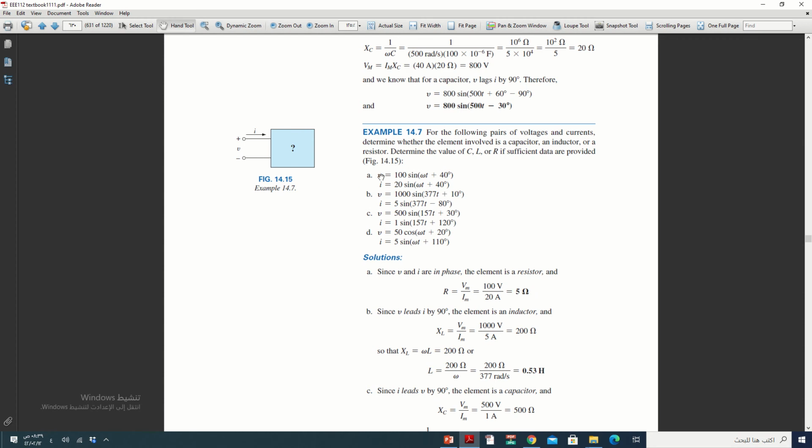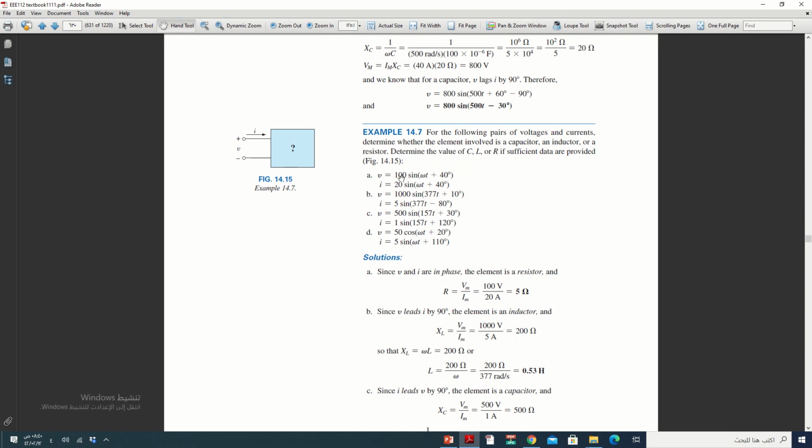This means voltage and current are given, and the question needs you to decide whether this voltage and current are applied to a resistor, inductor, or capacitor. And once we find the type of element, then find XL or XC or the resistance. After that we need to find the capacitance or inductance or resistance.